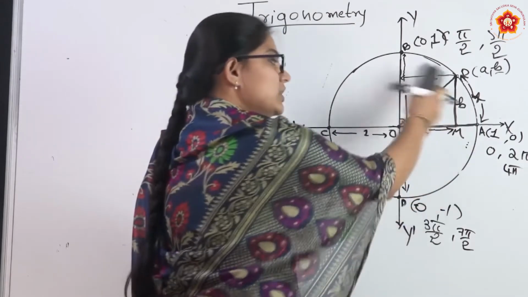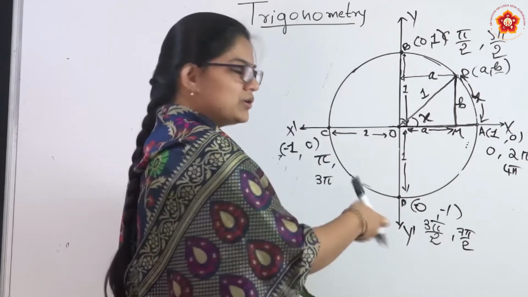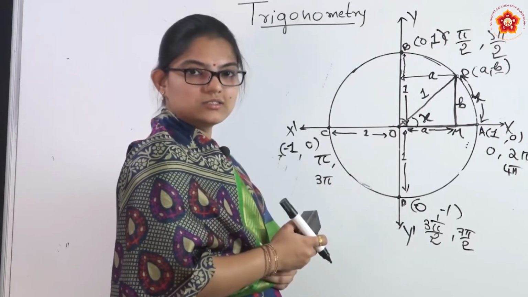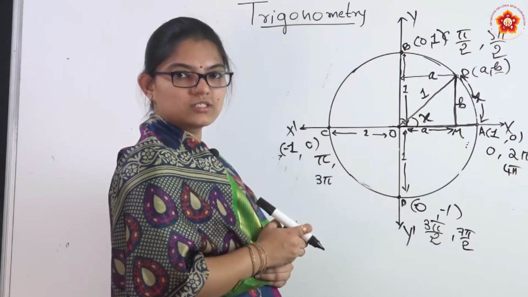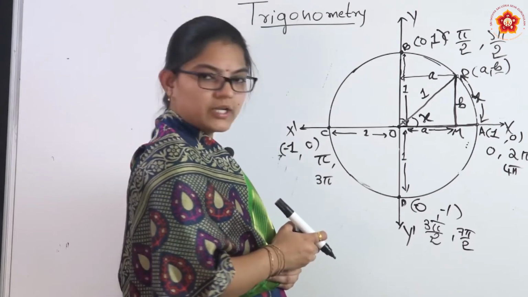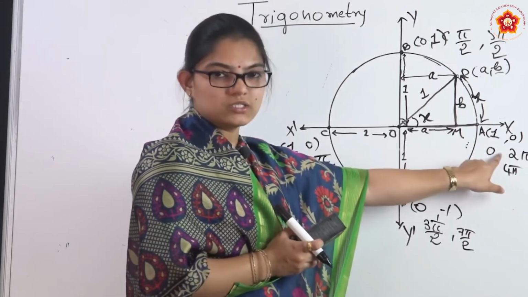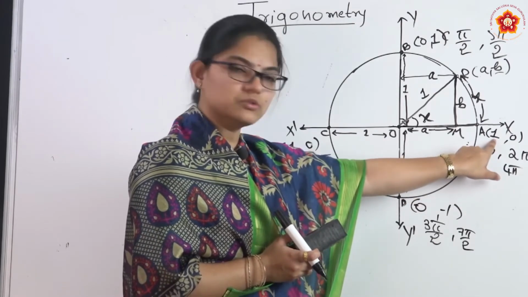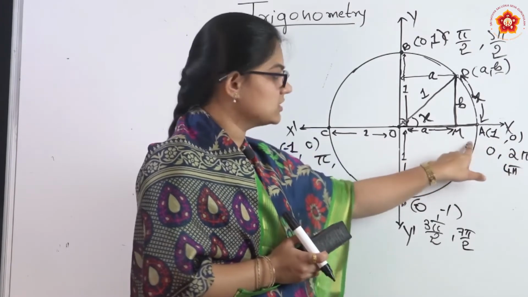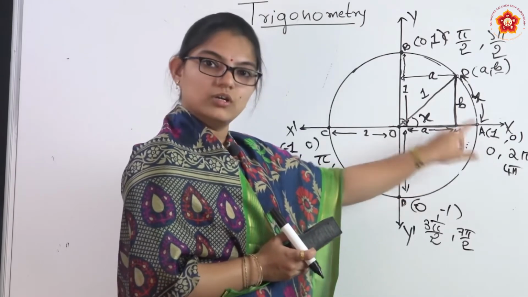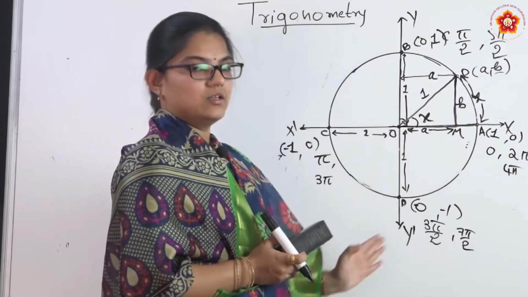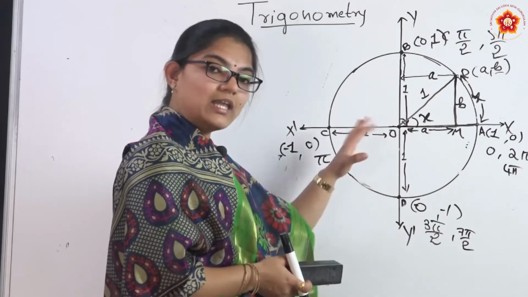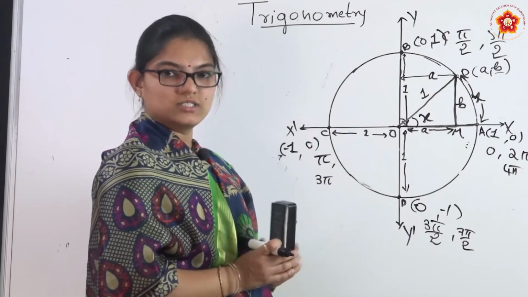So even if you increase the angle, will you get different values for sin and cos? 0 is different from 2 pi, but their values are the same. It gives you the same cos and sin at this position. So even if you increase the angle to any extent, the value of sin and cos will never change.